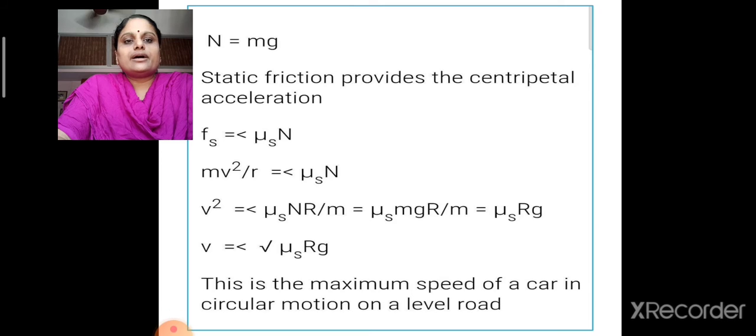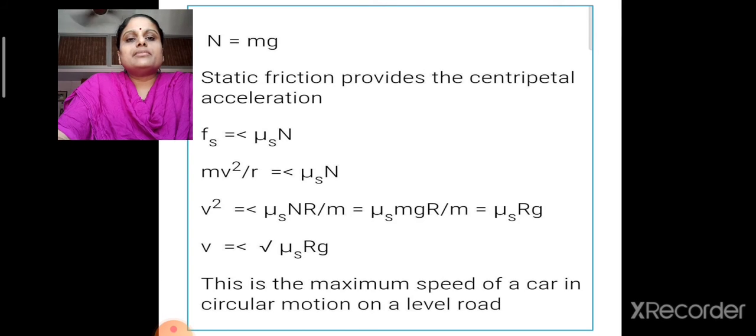Equating and rearranging the equation, we get v square less than or equivalent to μs rg, where r represents the radius of the circular path. Here, normal reaction is replaced by mg.